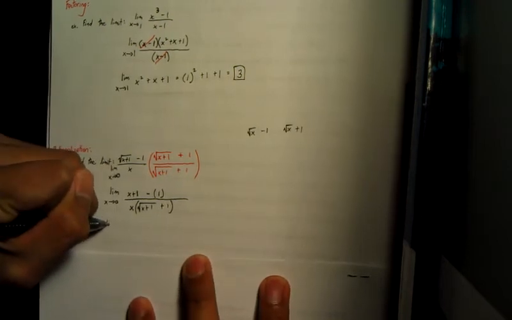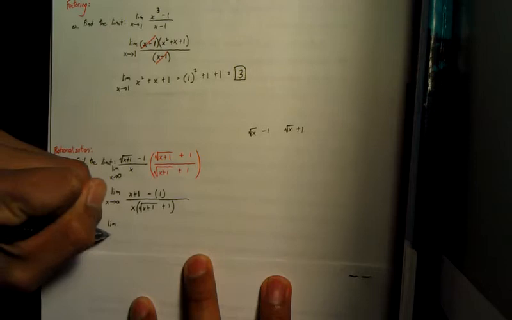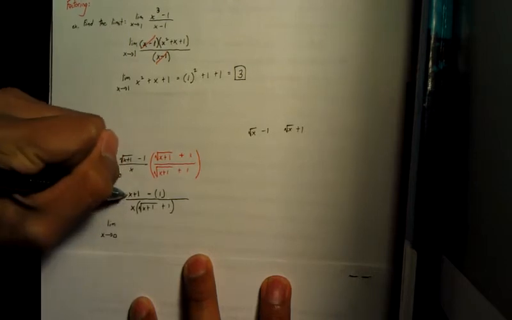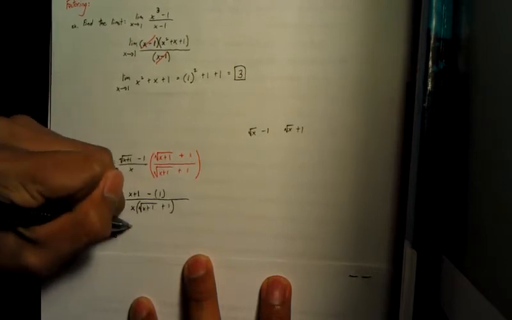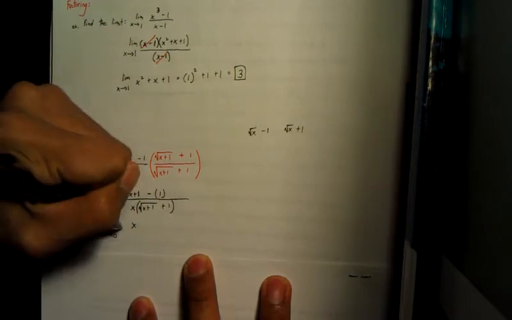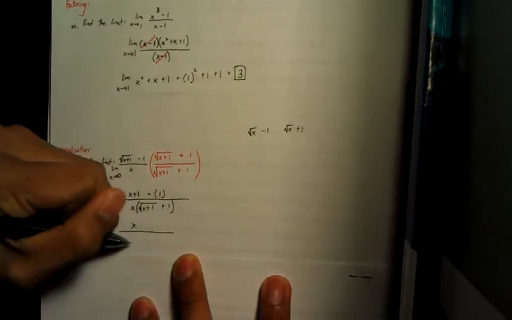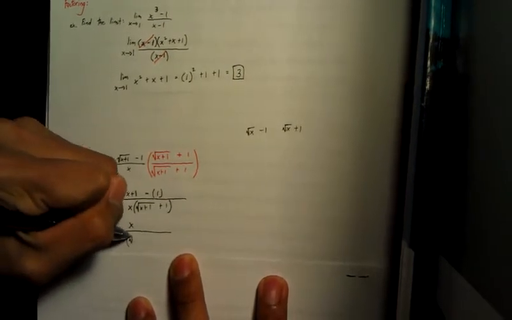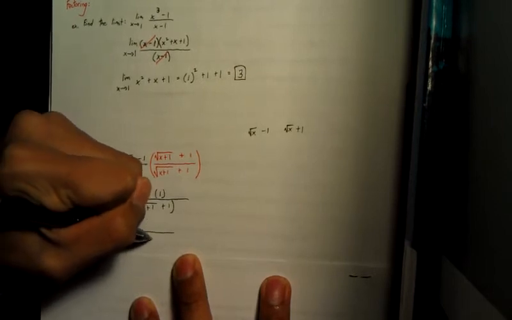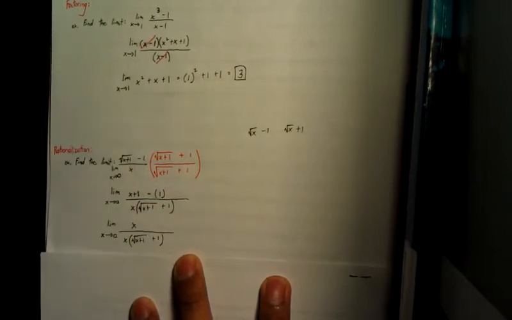So when you simplify this down, you get the limit as x approaches 0 of 1 minus 1 is 0, so just x over x times the square root of x plus 1 plus 1.